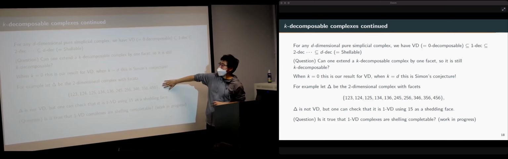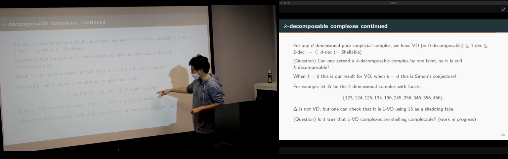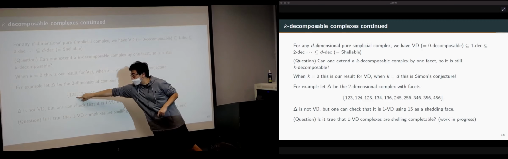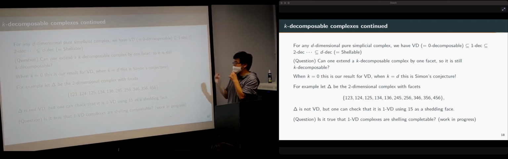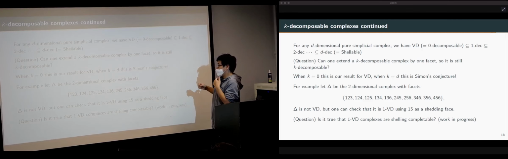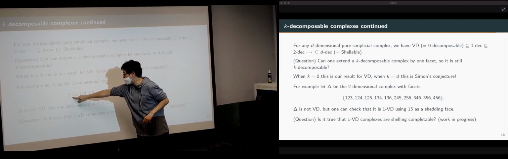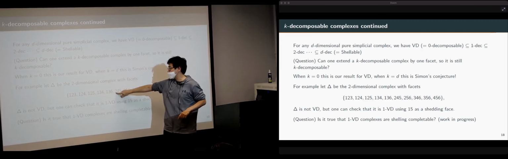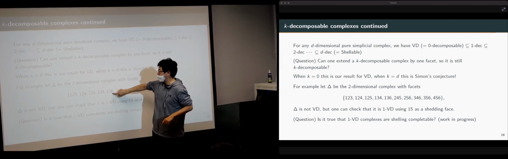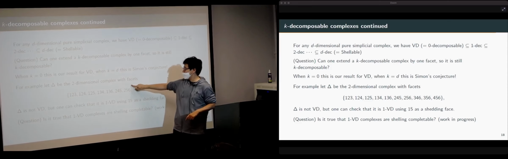Here is an example of a simplicial complex that is not vertex decomposable, but is 1 decomposable. Over here, if you try to find a decomposing vertex, actually nothing should work. What would be an easy one to check? Let's see, if I take 1 to be the decomposing vertex, then again, the condition is that everything containing 1 should be adjacent to something not containing 1.